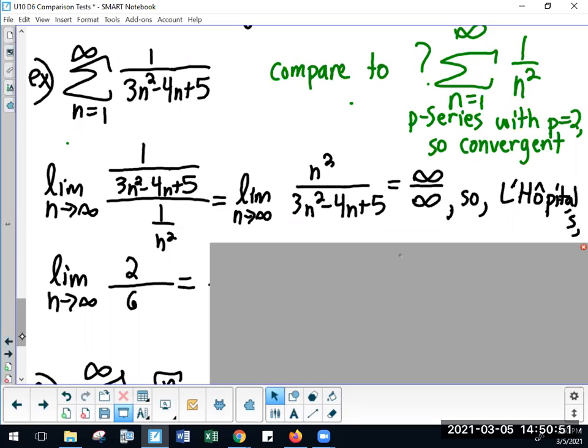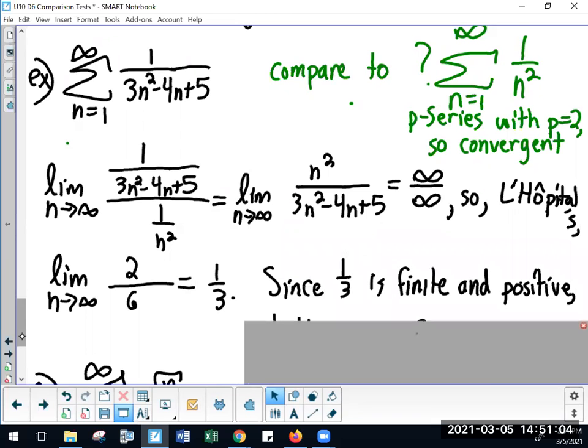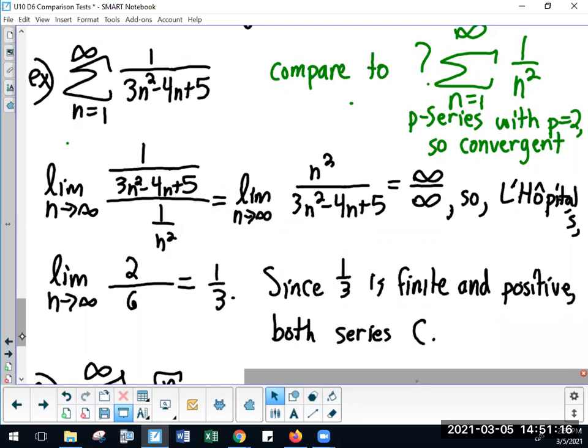And the limit as n approaches infinity of 2 divided by 6 is 2 divided by 6, which is 1/3, yes? Result is 1/3. So as 1/3 is finite and positive, what are both series? Both series are convergent.